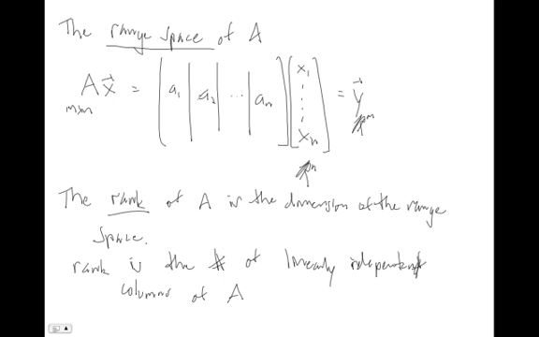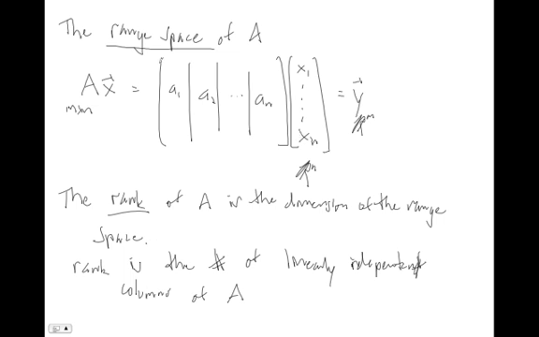I can't make any new y using A_n, because if I could have made it, I could have just made it as a combination of A1 and A2. So it doesn't really matter how many columns there are in A, it only matters how many linearly independent columns there are in A. So the rank of a matrix is the number of linearly independent columns in A, and that also is the dimension of the range space.